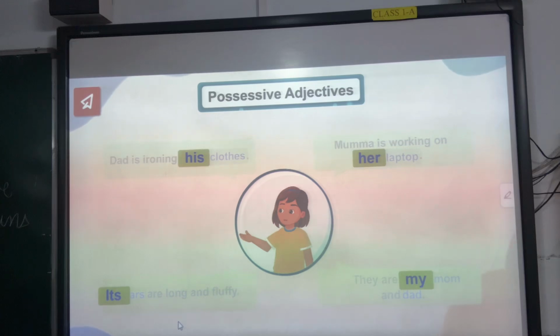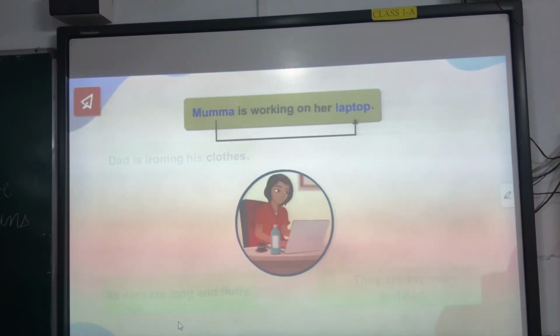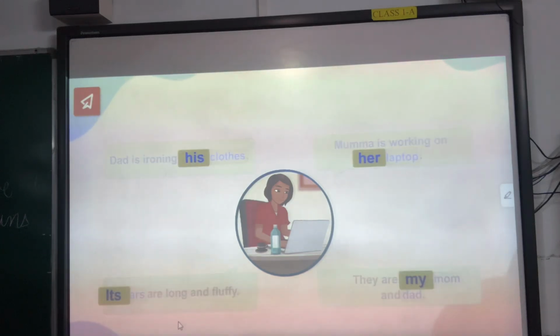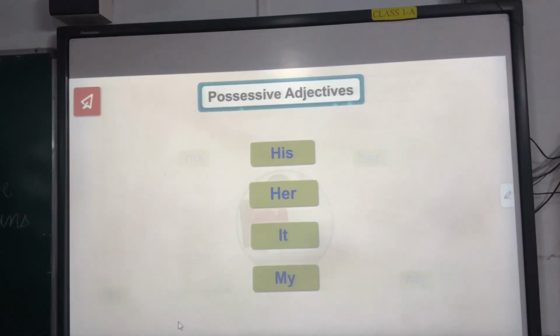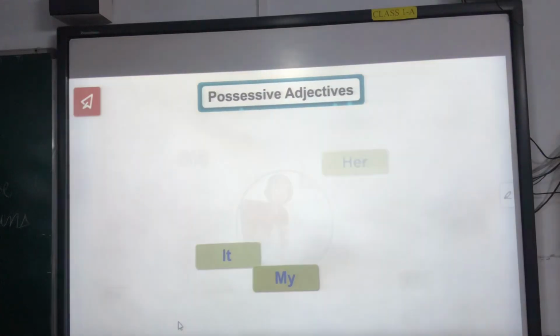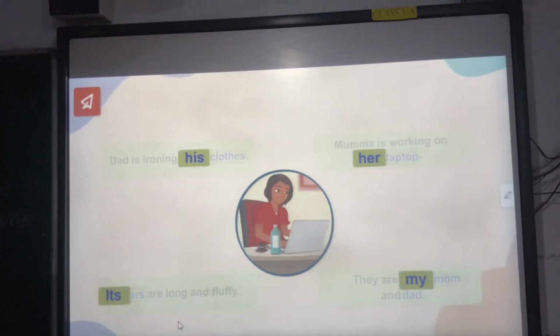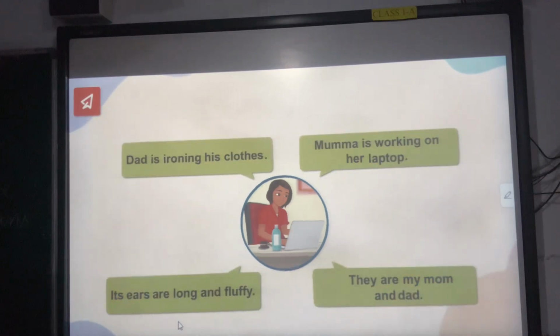These words show that the nouns Arya talked about belong to someone. Like here, the laptop belongs to the mother. To show that, Arya used her. Since they tell something about the noun, they are called possessive adjectives. We use them to show possession of nouns.